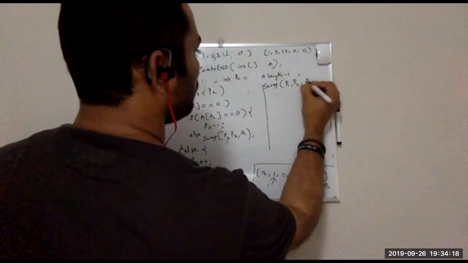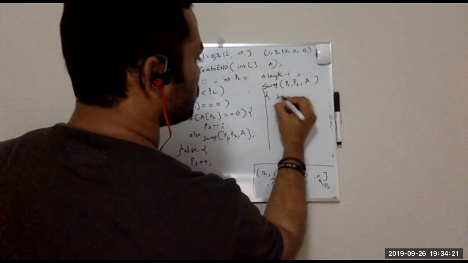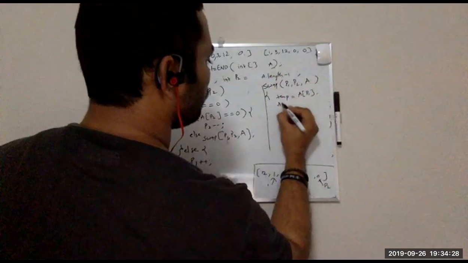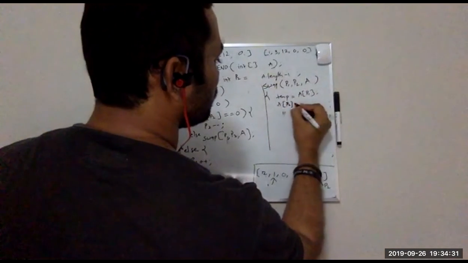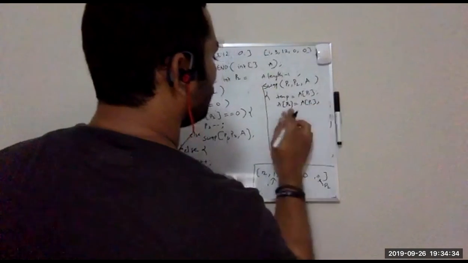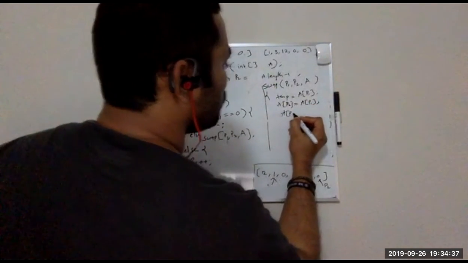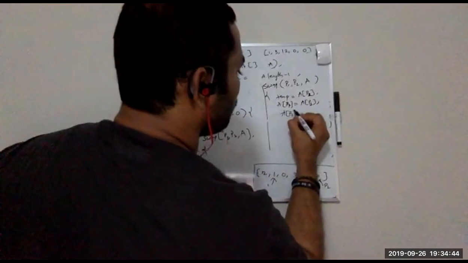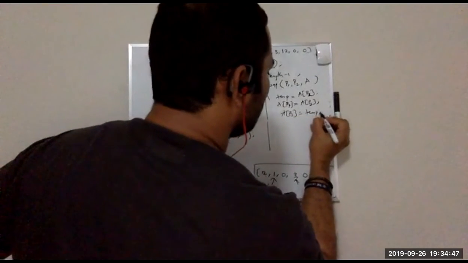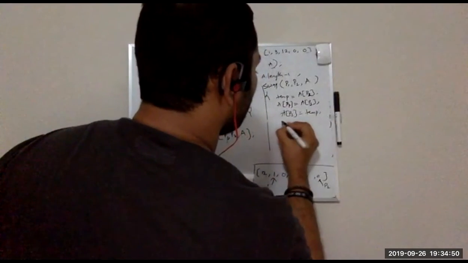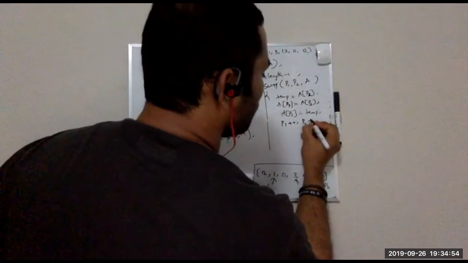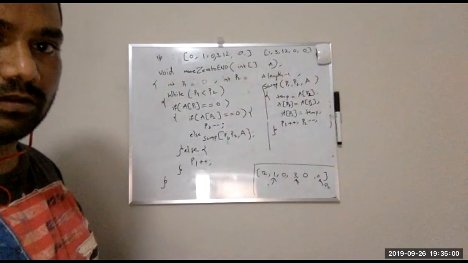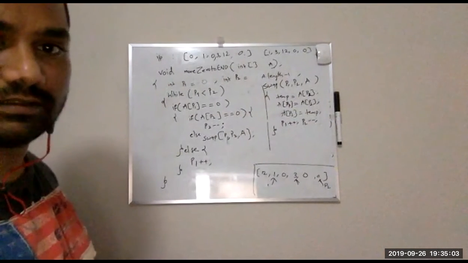We'll have the swap function with integer temp equal to a of P1, and in place of a of P1 we put the a of P2 value, and in place of a of P2 we put temp. Then we increment the P1 value and decrement the P2 value. P1 and P2 are the indices.